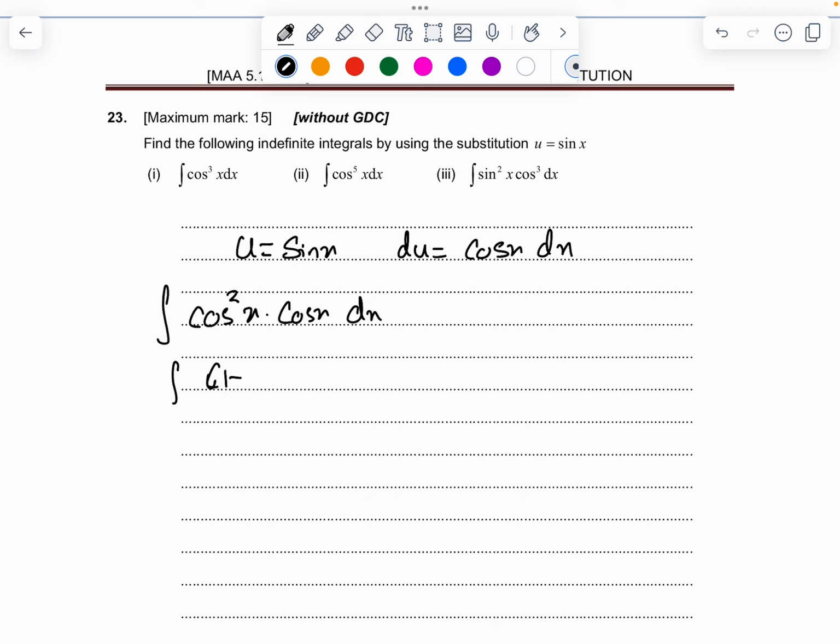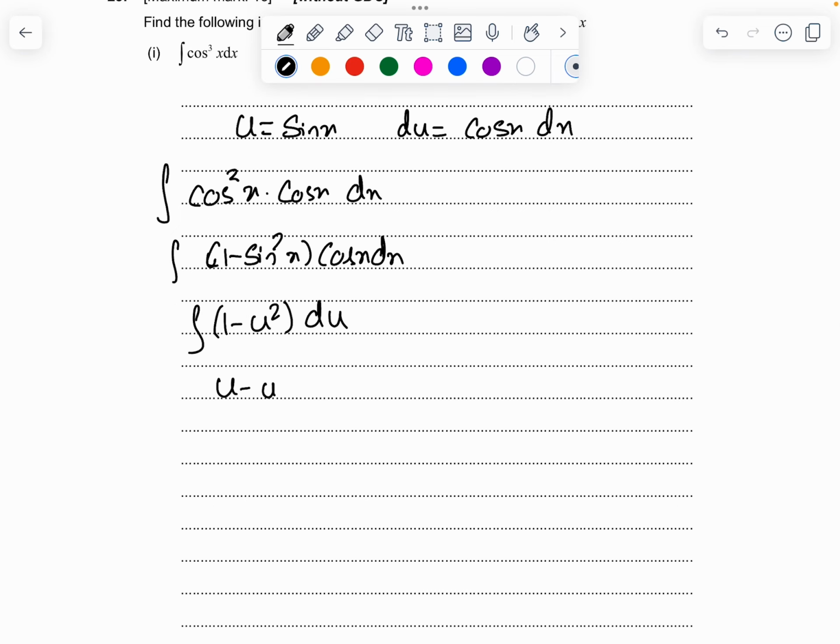Again cos square x can be written as 1 minus sin square x times cos x dx. So it becomes 1 minus u square times du. So it becomes u minus u cube by 3 plus c, which is sin x minus sin cube x upon 3 plus c.